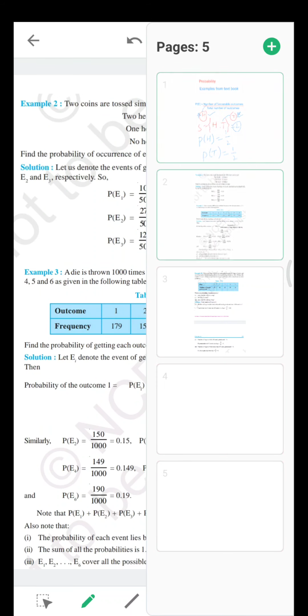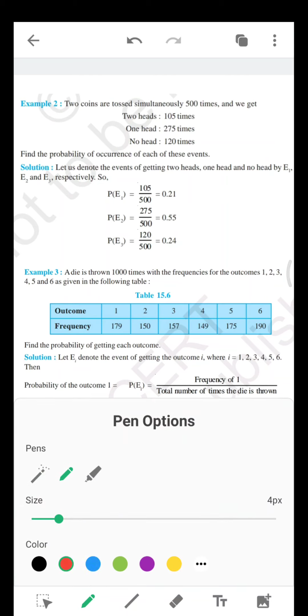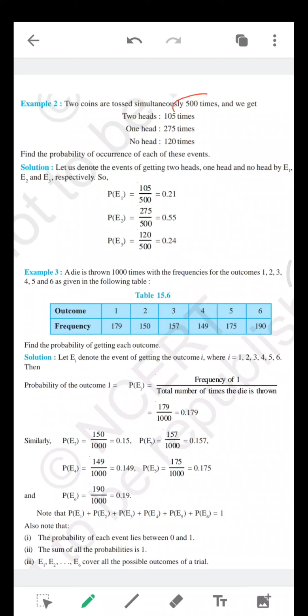Suppose we see an example here now. Here you can see 2 coins are tossed how many times? Tossed 500 times, and we recorded the outcomes. 2 coins you are tossing.